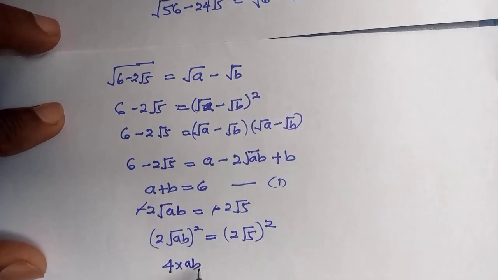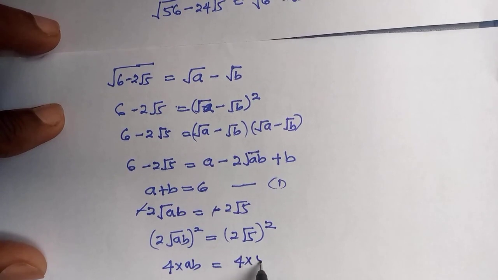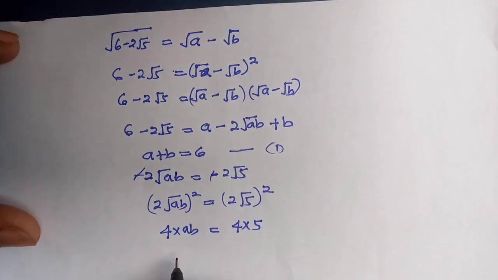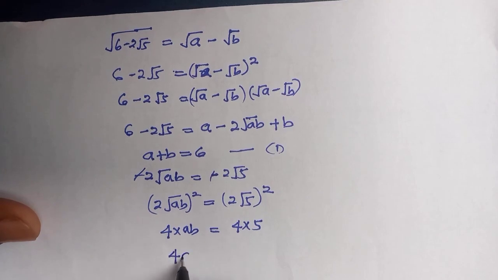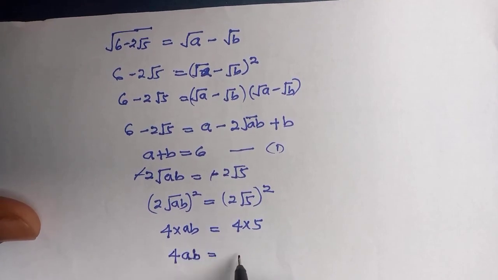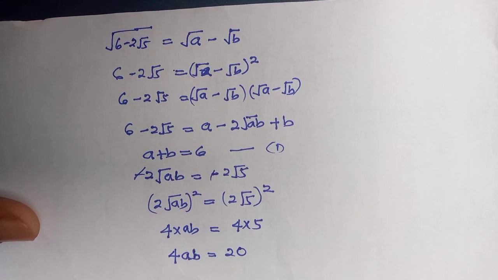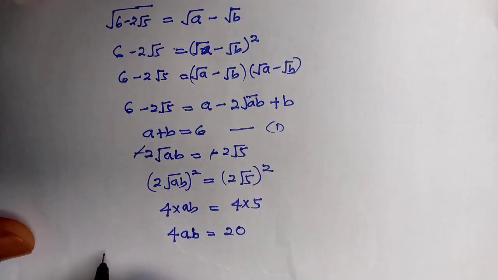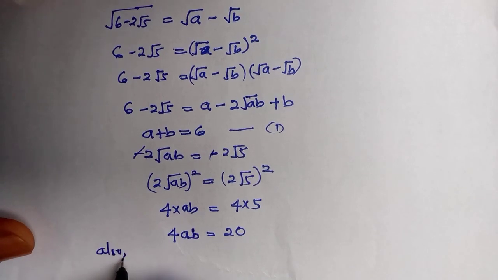We have 4ab equals 4 multiplied by 5, and we have 4ab equals 20. I'll just leave this one like this, because I will need it in future.